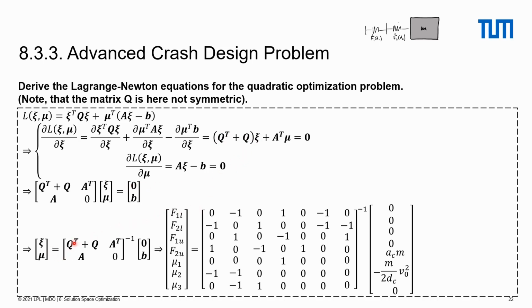Now with this equation we can solve for C and mu by inverting this matrix and multiplying it with the vector here, and we can write it in detail. It will be our design variables and the mu for 3 constraints, and the matrix is like this, and this vector is like this.